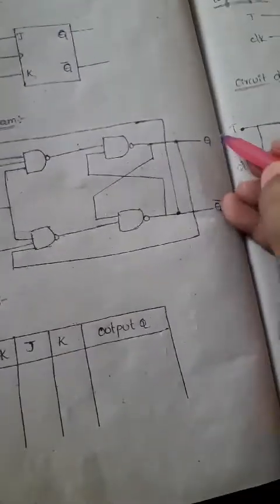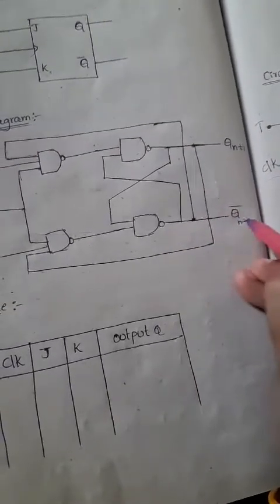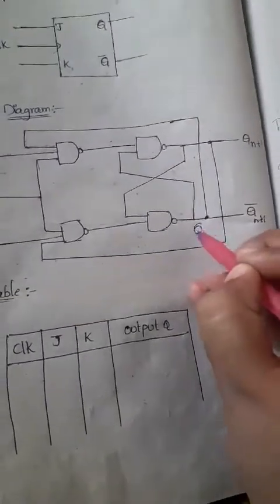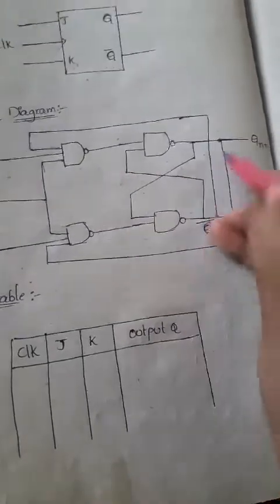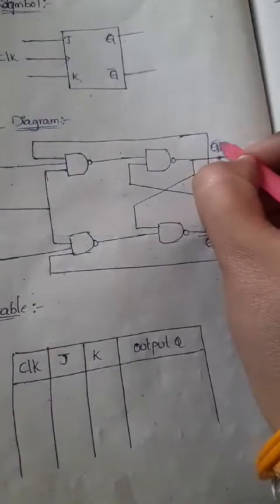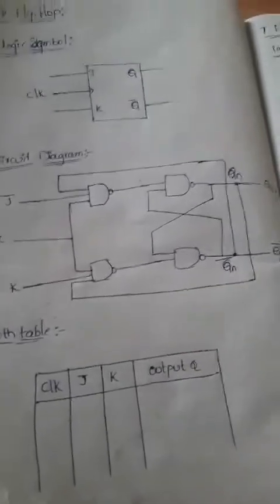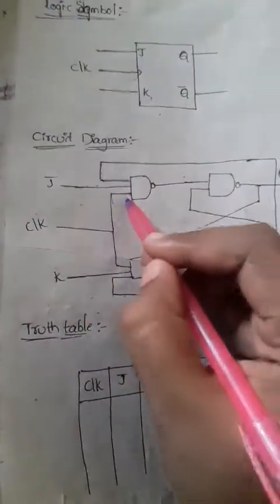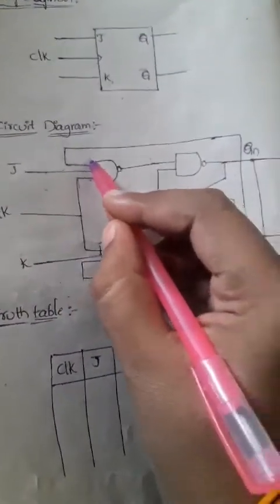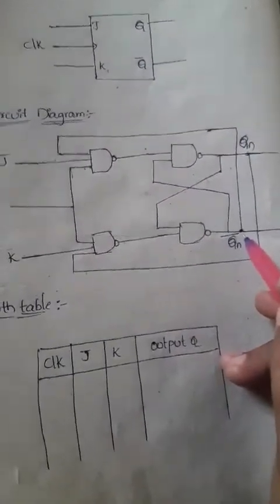That is if you are considering the next state output Qn plus 1 complement, then we can consider this is the Qn complement and this is the Qn. So this JK flip-flop's first NAND gate consists of 3 inputs. One is J and another one is clock, and another input is collected from the complement path of the present state output, which is considered as input of the first NAND gate.